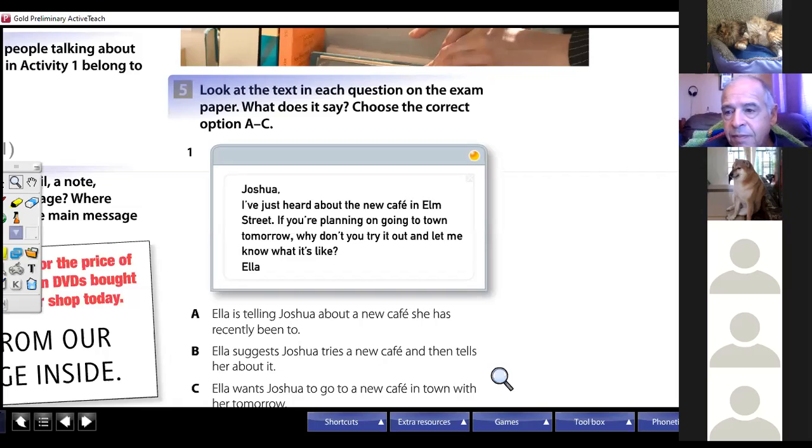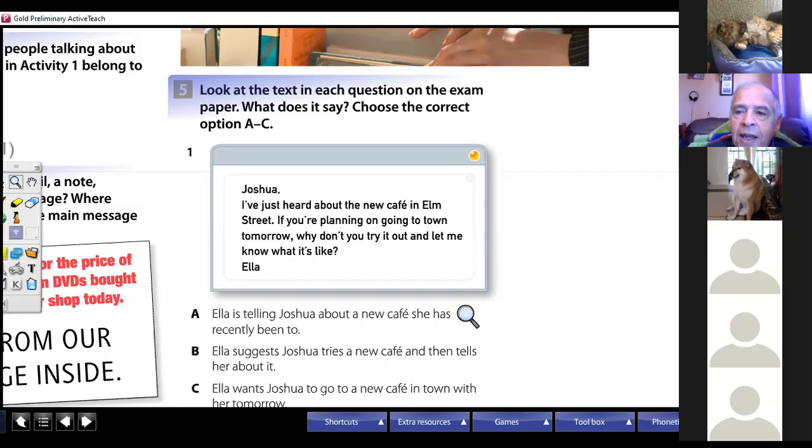A, B, or C? B, absolutely. Ella suggests, Joshua, you go and try a new cafe and then tell me about it. Okay, that is the idea.